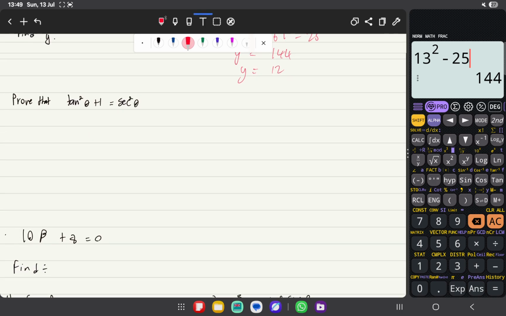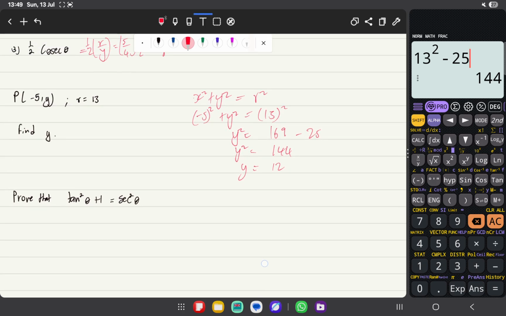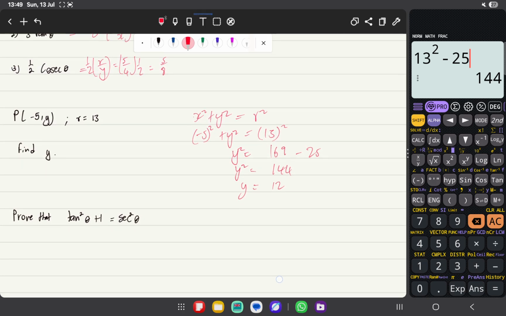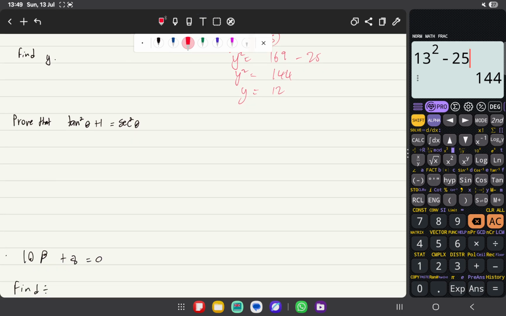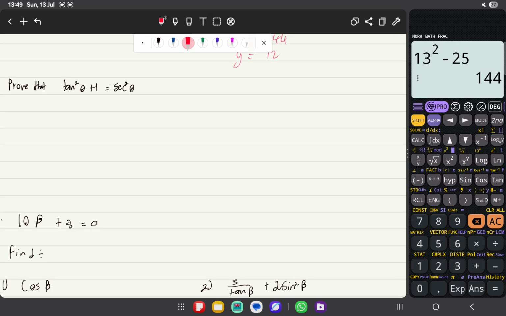Let's see what we do next. So here we are proving that tan squared theta plus 1 equals sec squared theta. Cool. But the question is, why did I put this one here? Let me think.